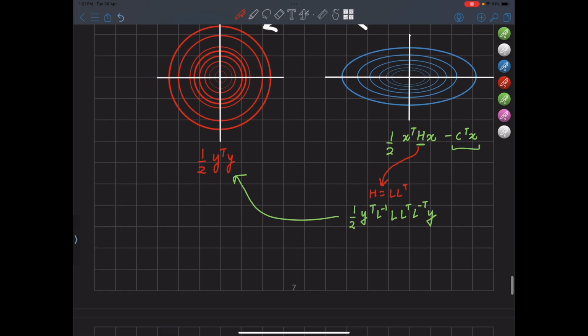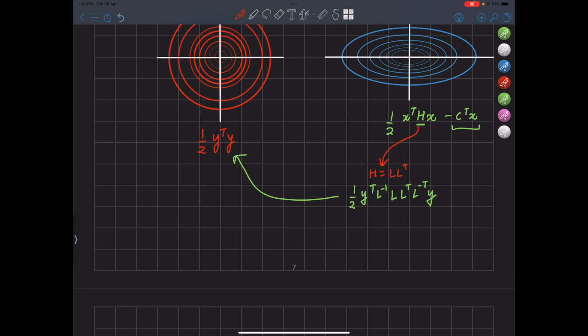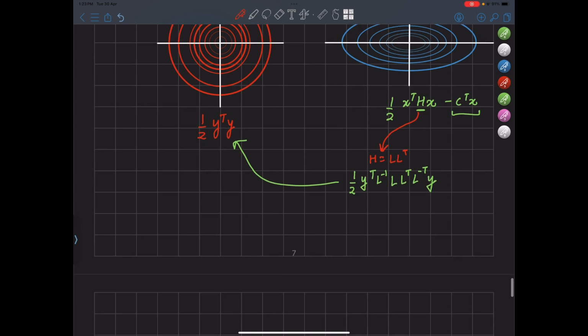Let's look, can it be done? Let's write the steps that we took already. Let H equal LL transpose.